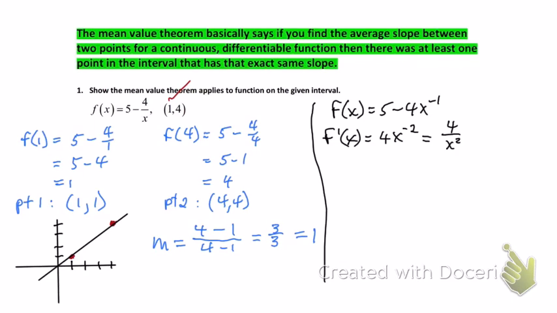So what do we got to do? We got to say, all right, here's my derivative, 4 over x squared. That's the equation. Remember, f prime is a function. The derivative is a function. All I got to do is set that derivative to what? 1. And then I got to solve for x.